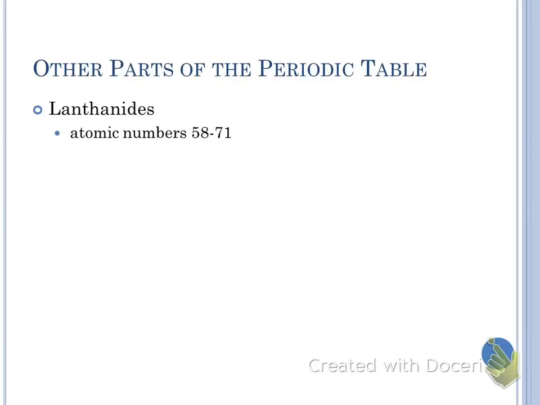Okay? So the lanthanides are atomic numbers 58 through 71, okay? Not including lanthanum and actinium. Okay? These are shiny metals, and they're similar reactivity levels to the group 2 metals, the alkaline earth metals.